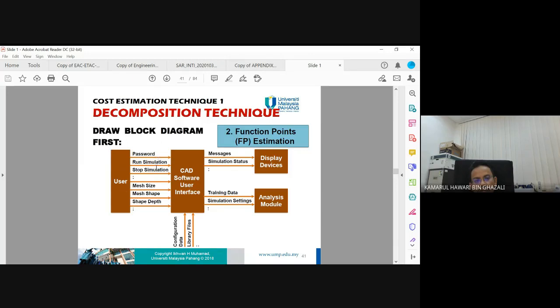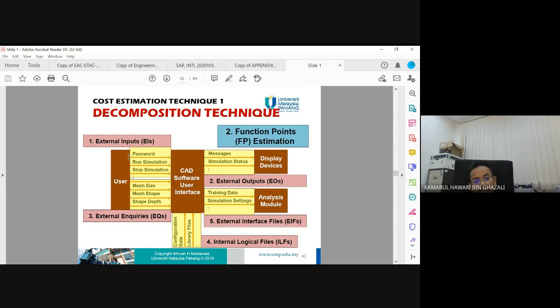User, password, run simulation, stop simulation, CAD software, user interface, message, simulation status, training data, simulation settings. So this is the block diagram or design of the process to develop a software by a user. Configuration data, library files. So this is called function point estimation.